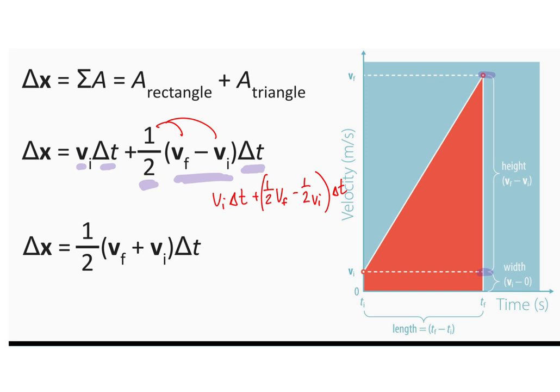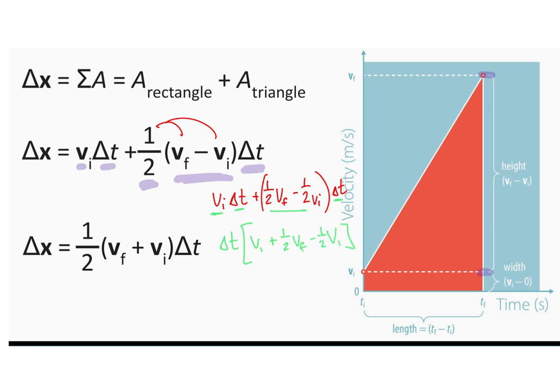All right. I'm going to do a little bit of manipulation here. I'm going to factor out this change of time. Change of time is factored out. I'm left with initial velocity plus this group here. 1/2 my final velocity minus 1/2 my initial velocity.